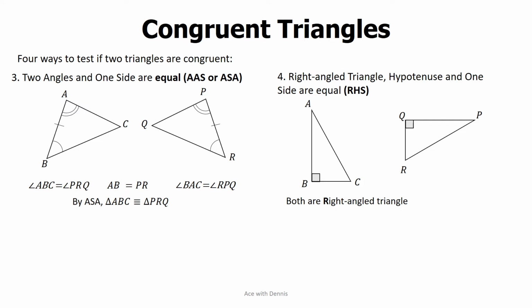So both are right-angled triangles. The hypotenuses are equal, which is AC equals PR, and any of the other sides must be equal, so BC equals QR. So if these conditions are satisfied, then we can say that by RHS, triangle ABC is congruent to triangle PQR.